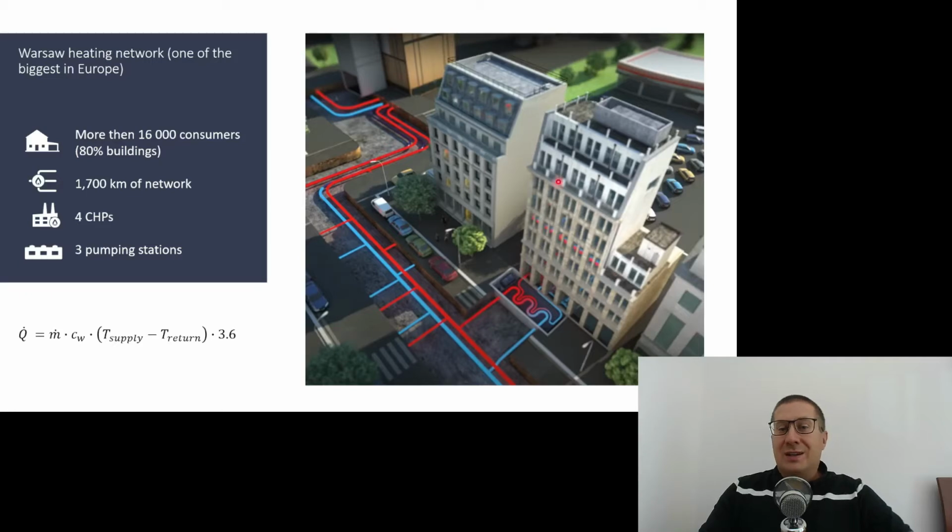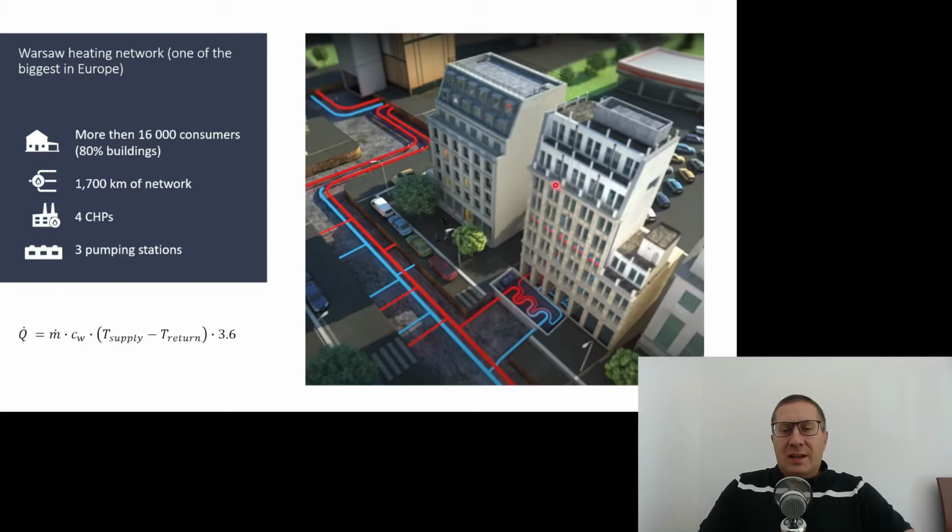And this water within the building is used in your radiators, in your rooms, to make you feel comfortable even when it's cold outside. So the heat is transferred to your rooms via radiators.